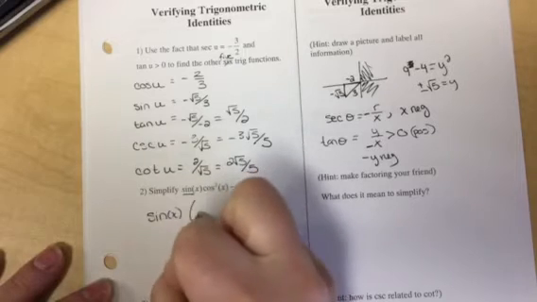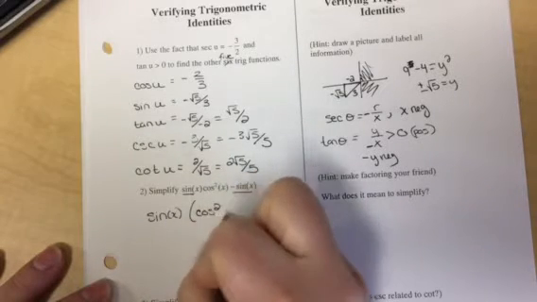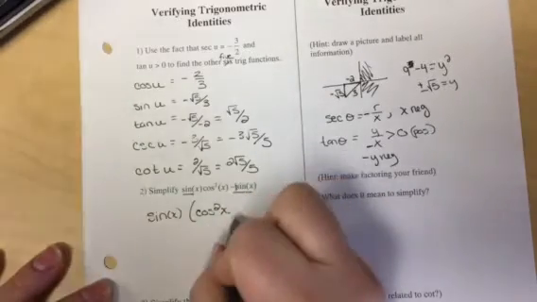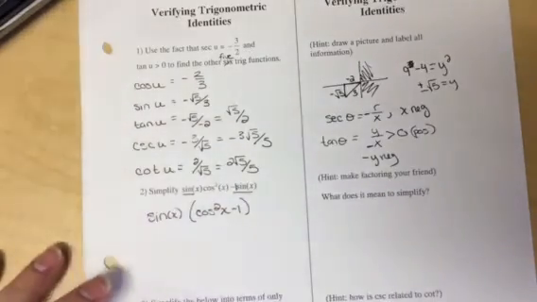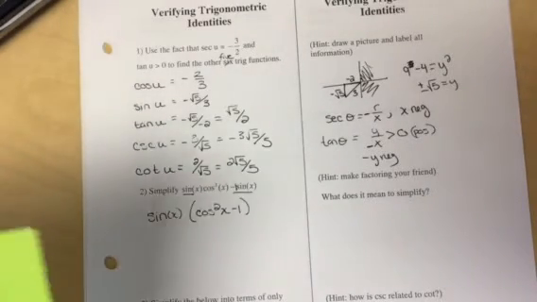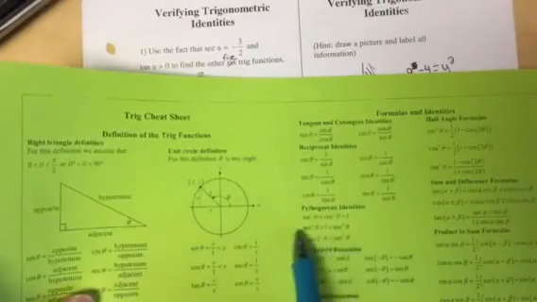And here I'm left with my cosine squared x, and then here I'm left with this 1 right here, so -1. Anytime you see a cosine squared or a sine squared with a 1 plus or minus by it, you should think Pythagorean identities, which are right here on your formula sheet.